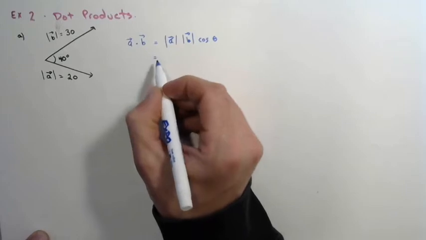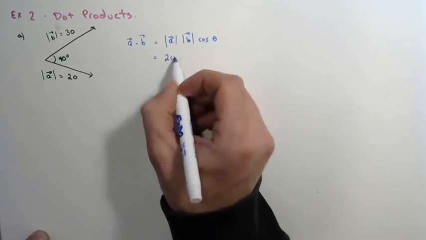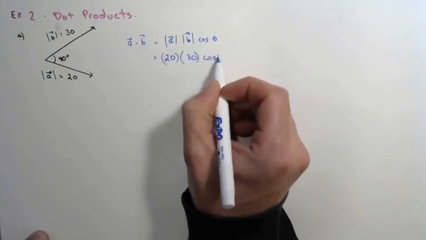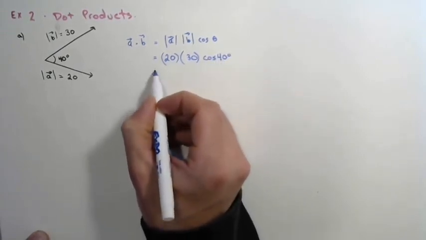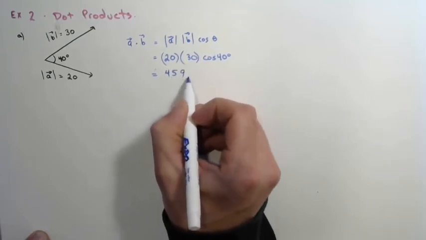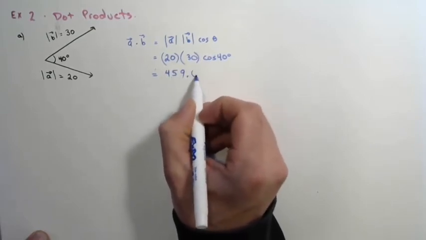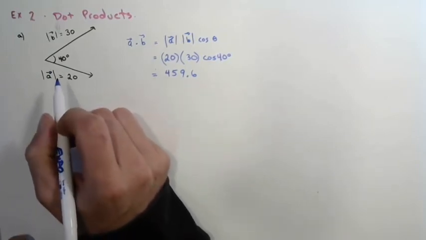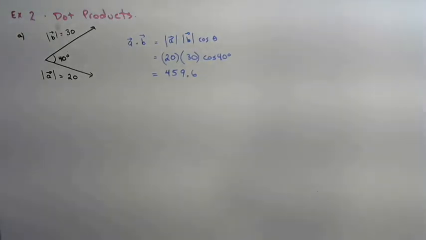Okay, let's plug in what we know. We know the magnitude of A is 20, magnitude of B is 30, and the angle between them is 40 degrees. Type that in your calculator carefully. Double check. You should get 459.6. No units are given as far as what we're working with here, the application. So that's a final answer.